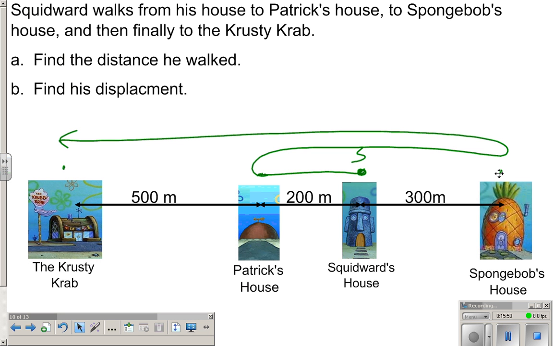All right, so there are definitely a few ways you can do this. But remember, the distance is the total length that he walked, right? So the distance is just going to be, well, let's see, we're going to go from here to here. So that's 200 meters. And then he's going to go that 200 meters back, right, plus another 300 meters.